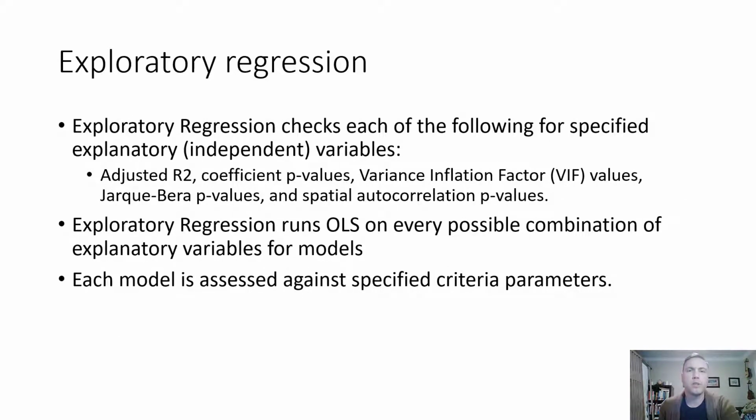So exploratory regression checks each of the following specified explanatory independent variables. It looks at adjusted R-squared, coefficient p-values, the VIF, the variance inflation factor values, the Jarque-Bera p-values, and spatial autocorrelation p-values. Okay, so each of those p-values basically has to do with certainty. So exploratory regression runs OLS on every possible combination of explanatory variables for models. Each model is assessed against specified criteria parameters that you choose.